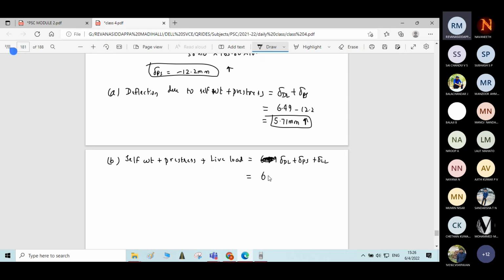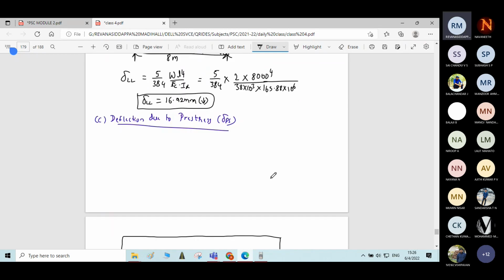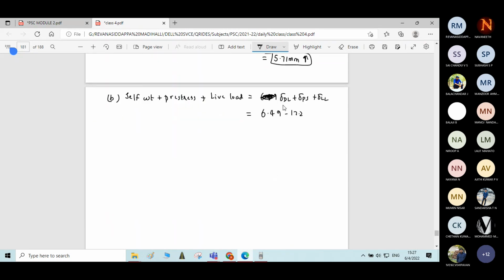Delta dead load is 6.49 minus 12.2. Due to live load, deflection is plus 16.92. If we calculate the answer, you'll get it as 11.21 mm. And this positive sign indicates the deflection is in downward direction.